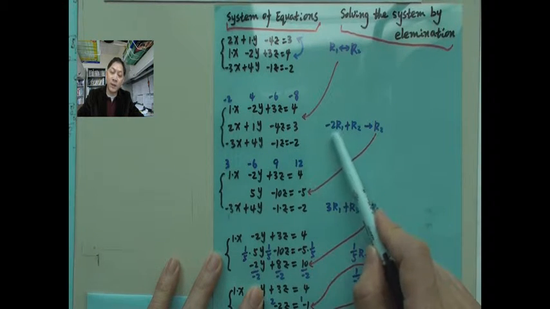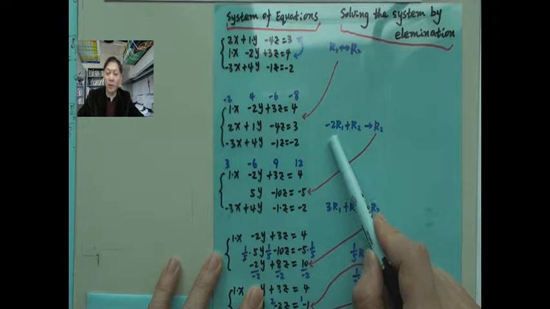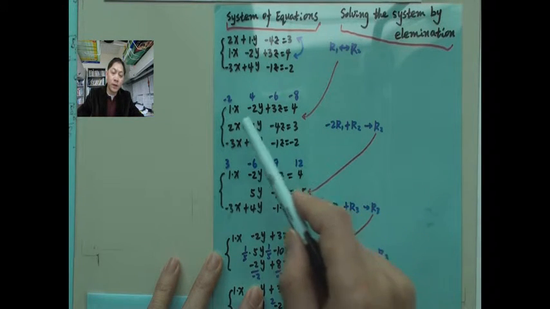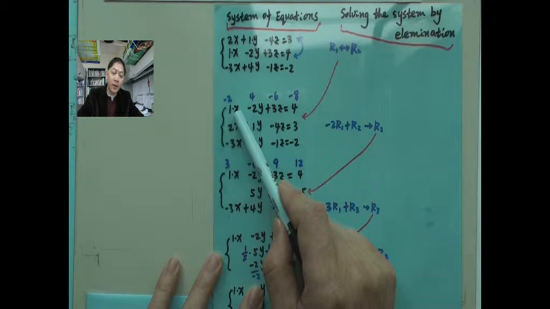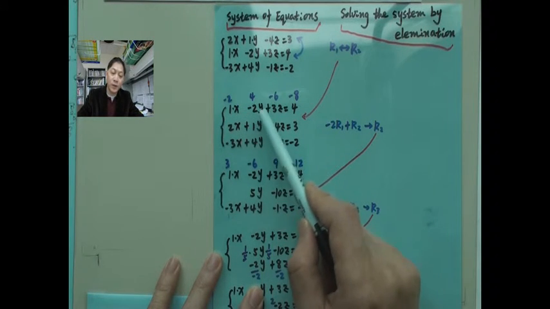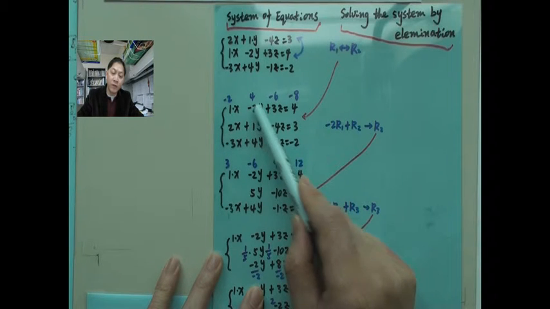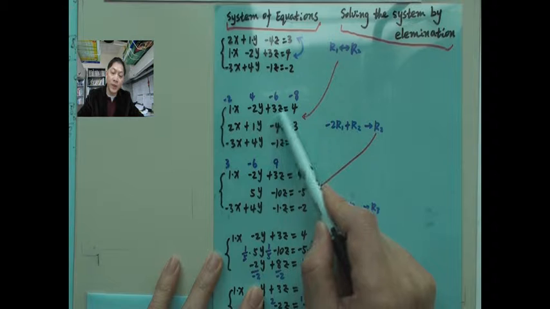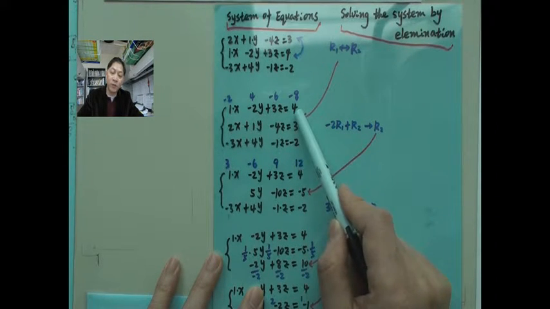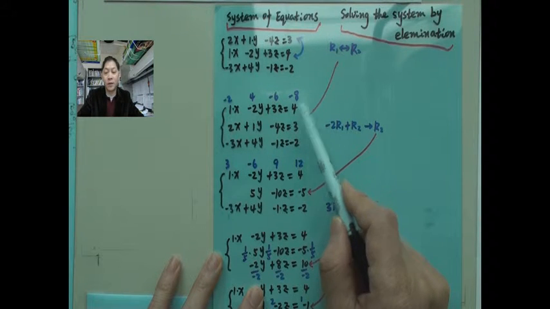So basically I did first row multiplied by negative 2. Then the 1x will be negative 2x, negative 2y will be 4y, 3z will be negative 6z, and 4 will be negative 8.